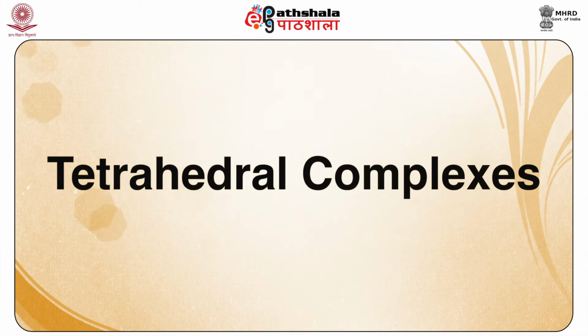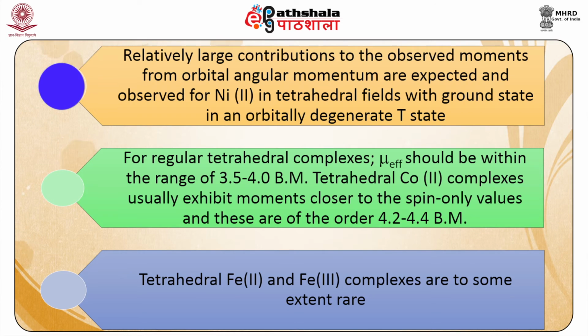Tetrahedral complexes. Relatively large contributions to observed moments from orbital angular momentum are expected and observed. For regular tetrahedral complexes, mu effective should occur within the interval 3.5 to 4 Bohr magneton.